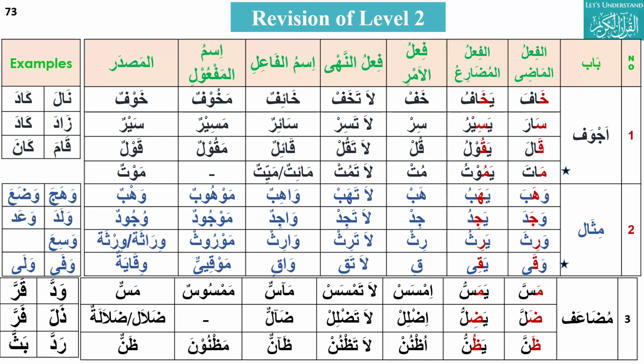Yeah, it is a little different. Sometimes we say mas, la tamas. But also there is another one, imsas, la tamsas. But the plural will be massu. Masun, masuna, masin, mamsusun, mamsusuna, mamsusina.